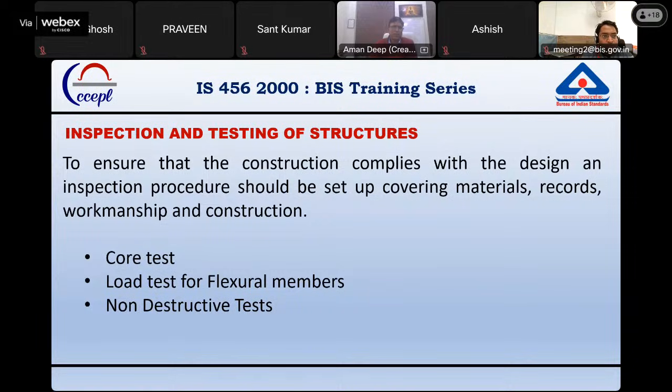Core tests involve extracting concrete from the actual concrete members, and these cores are then tested in laboratories to find the compressive strength of concrete. We can have load tests also for beams and slabs, which are flexural members, and if we have some doubt about the concrete strength or other aspects, we can go for non-destructive tests.